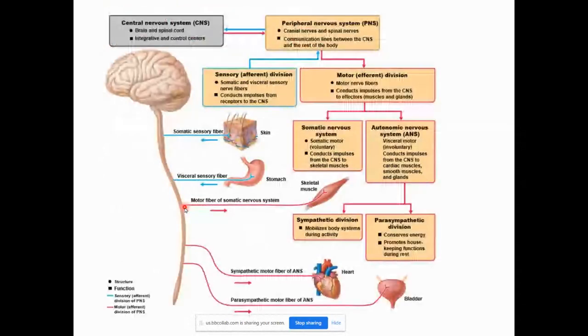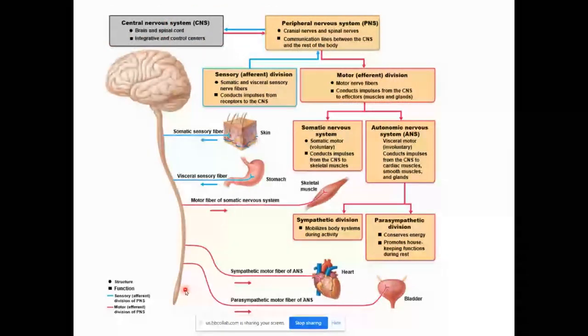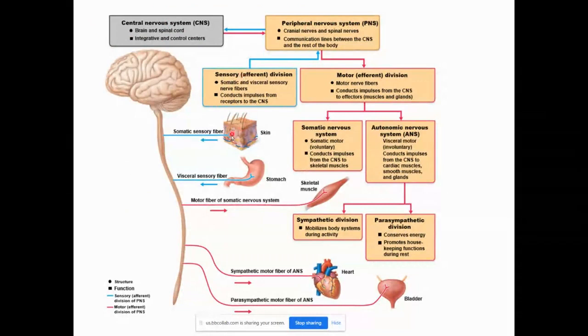I went through that kind of fast, but here is your entire summary of what we just went through, right? CNS, brain and spinal cord, that's done. PNS, that's your nerves, cranial nerves, spinal nerves, all the nerves in your body. Now they could be sensory, which means they deliver information to the CNS.